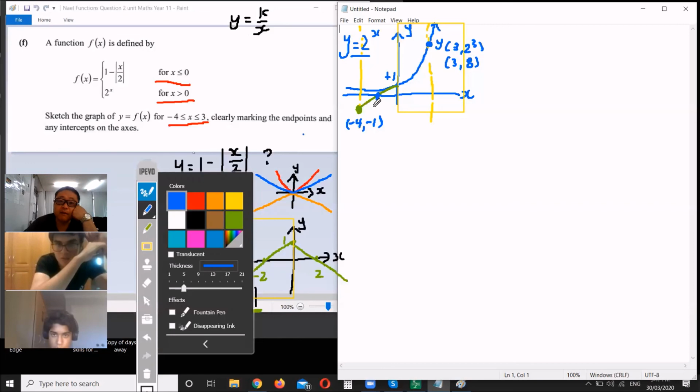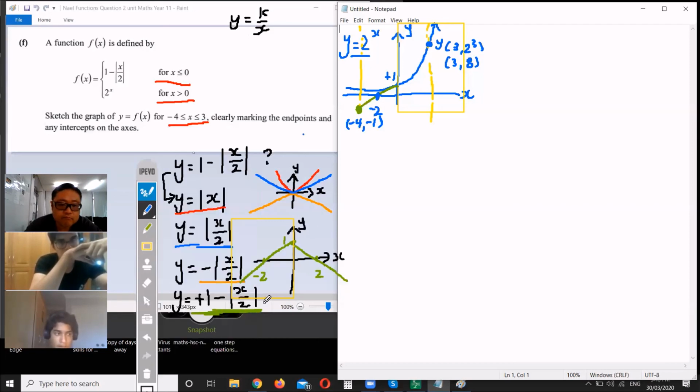Yep, got it. An ugly graph, but full marks nonetheless. Were there any other questions? No, not really. Okay, awesome.